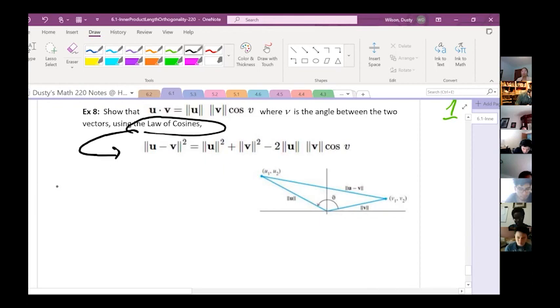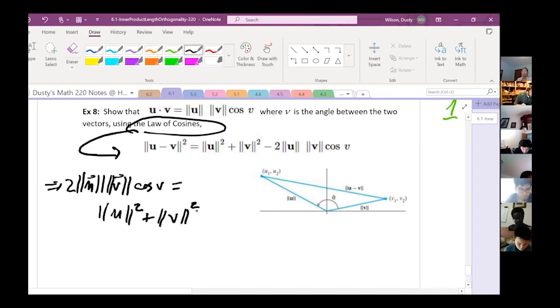So this is telling me that 2 times the magnitude of u times the magnitude of v times the cosine of the angle is equal to the magnitude of u squared plus the magnitude of v squared minus the magnitude of u minus v squared.